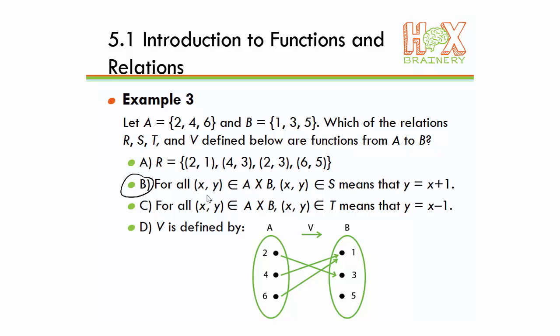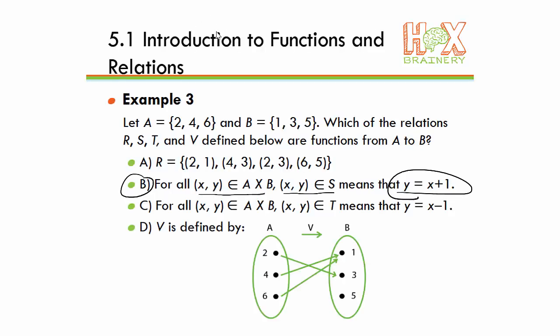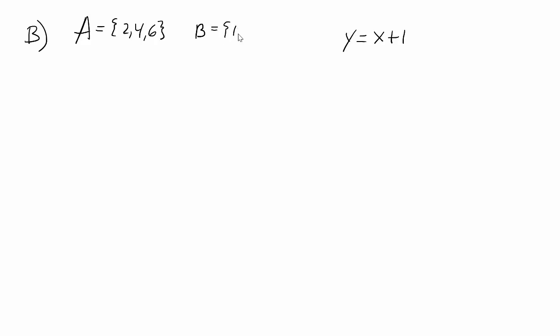Part B. For all ordered pairs (x, y) in A cross B, the ordered pair (x, y) is in S means that y is equal to x plus 1. So for this, it might be easier just to start by listing which ordered pairs are in S. A here contains the elements 2, 4, and 6, and B contains the elements 1, 3, and 5.